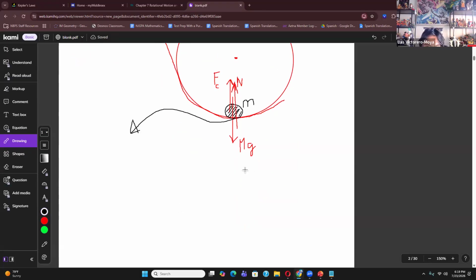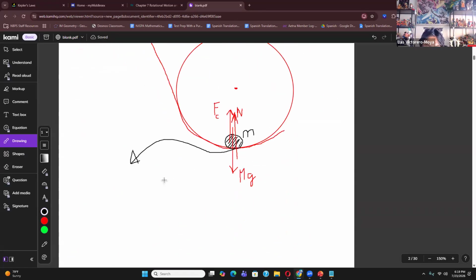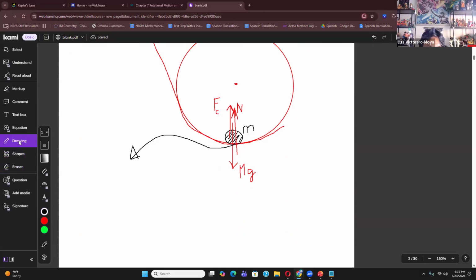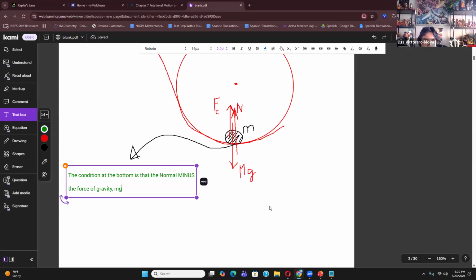It's a similar condition, but here we didn't have the normal because it was just centripetal force and the value of mg. Here, the condition at the bottom is that the normal minus the force of gravity, mg, is equal to the centripetal force.